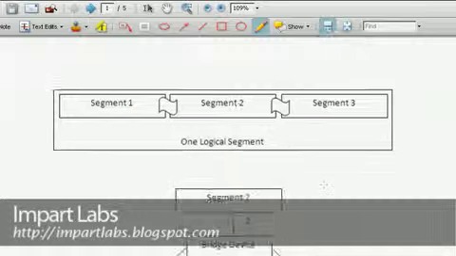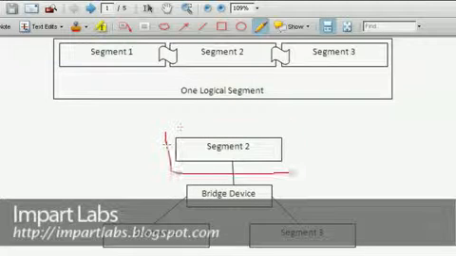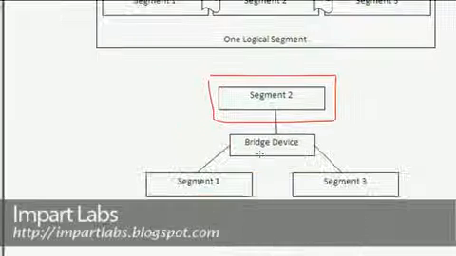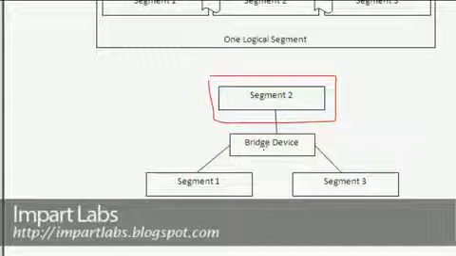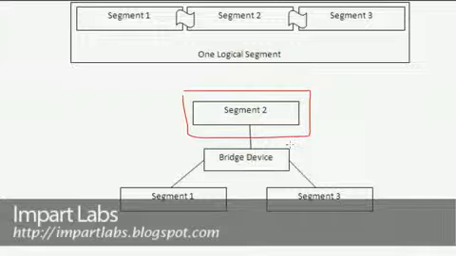Here's another example. For example, we've got another network here and they are all connected to a bridge device. It could be bridge hardware like the Linksys one that we just saw, or it could be a computer running bridge software.